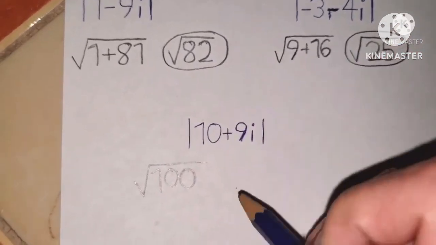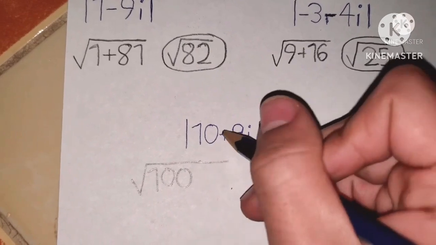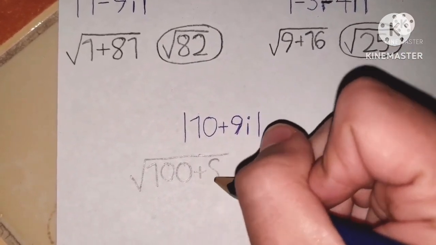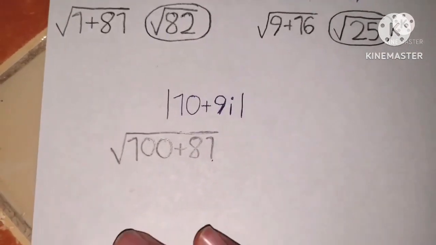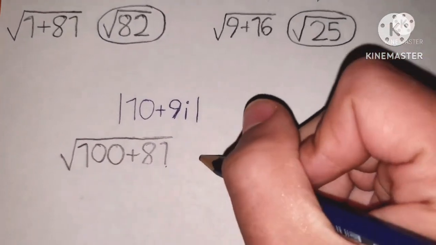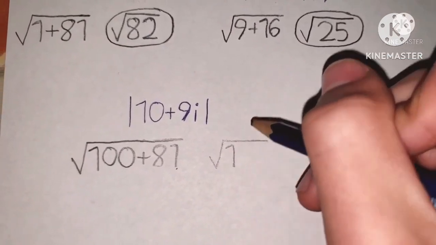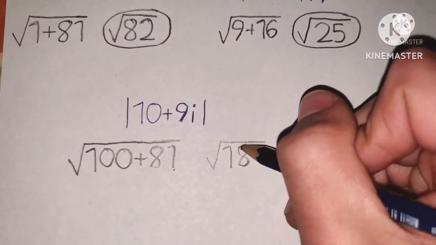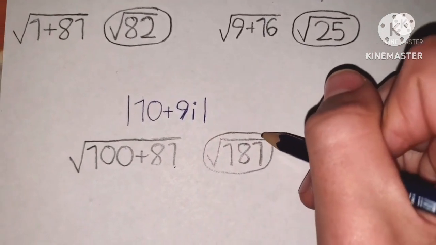And like the last question, 9 becomes 81, except this one is positive. So 100 plus 81 is going to be 181. So there you go, guys.